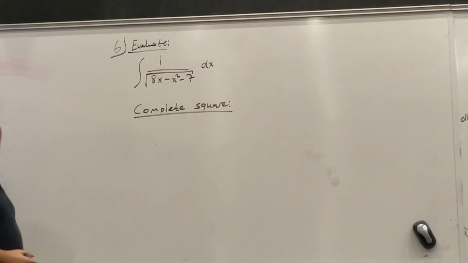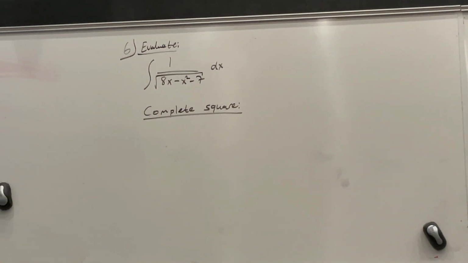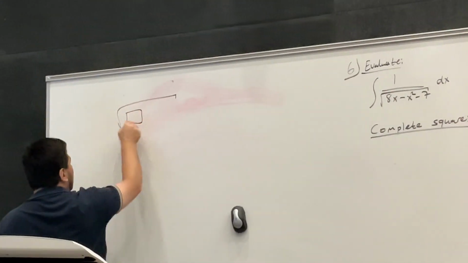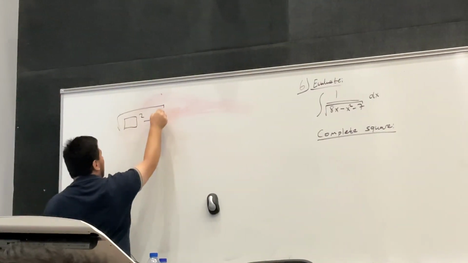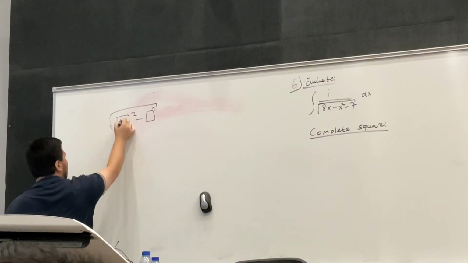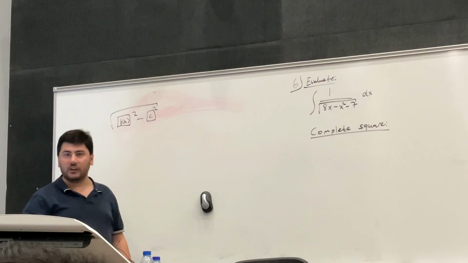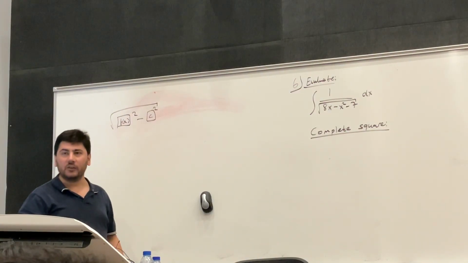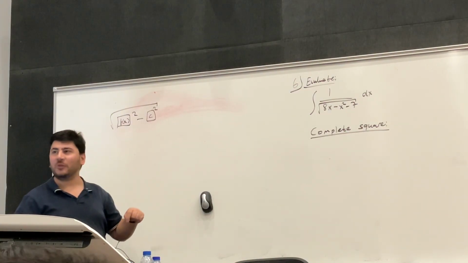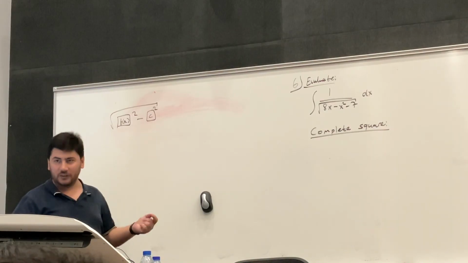What do I mean by completing the square? I want to write this as some function squared minus some constant squared. That is my aim. If I can do that, maybe after that I can use trigonometric substitutions.